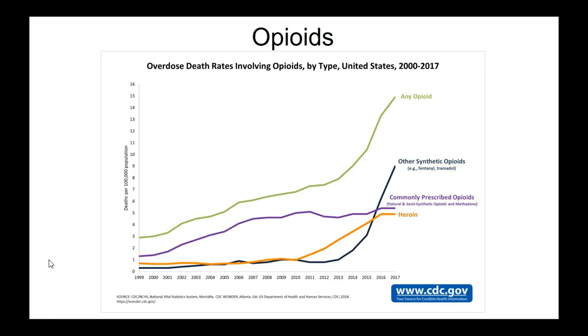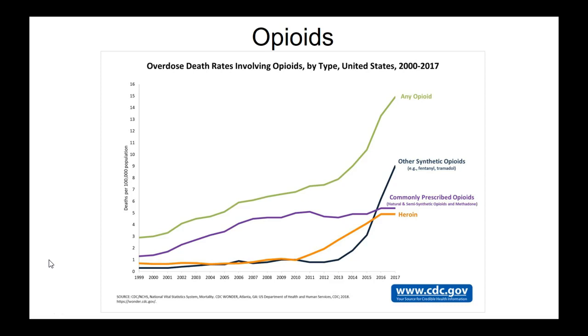Heroin is one of them, and acts as an agonist of an opioid receptor, meaning it's stimulating the receptor. And here are commonly prescribed opioids, semisynthetic and natural, and here are synthetic opioids, and here is any opioid.